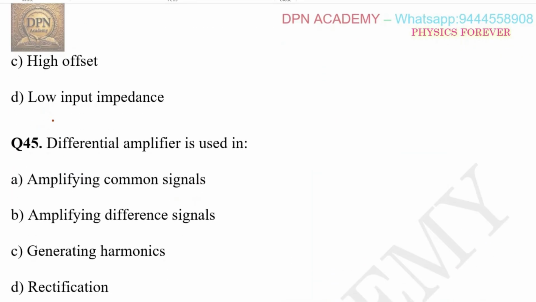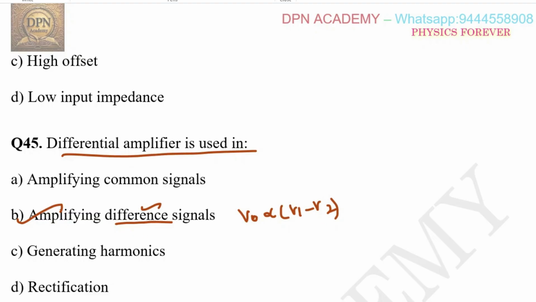Question number 45: a differential amplifier is used for... amplifying the common signal? No, amplifying the difference. Option B is correct. V0 is proportional to V1 minus V2, the difference. So these are all the keywords.